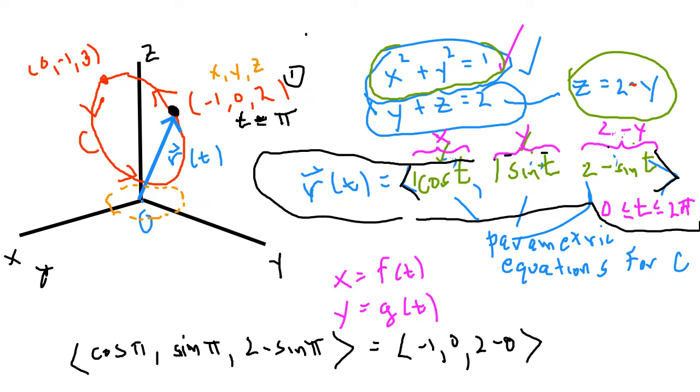So this coordinate here, -1, 0, 2, actually equals r evaluated at pi, that point.